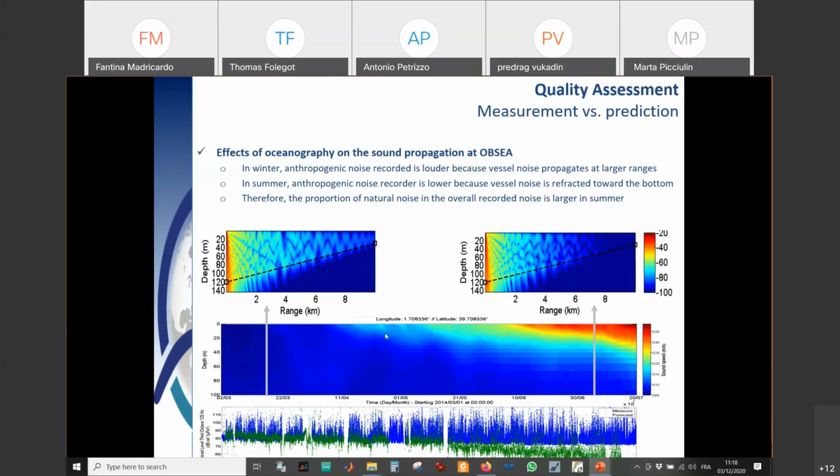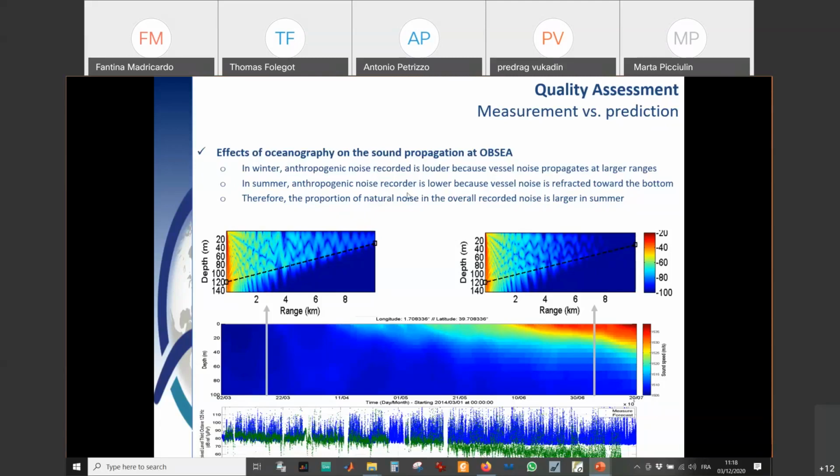And end of April, beginning of May, we started to have the sun hitting the surface of the ocean and changing the sound speed at the upper layer of the ocean. And more as the summer comes in, and that changed the propagation very much.